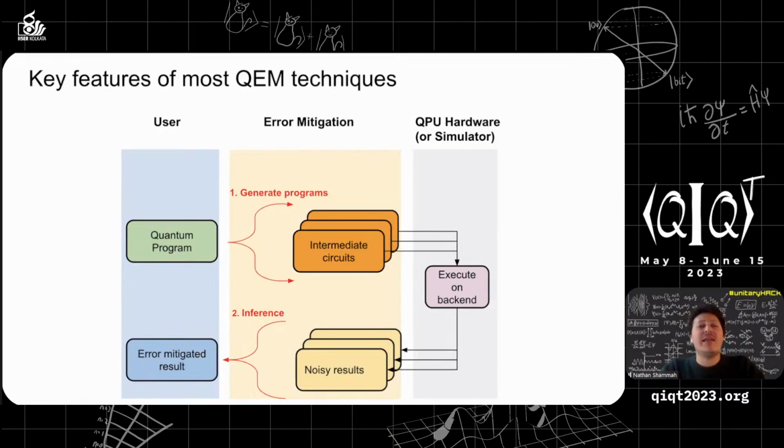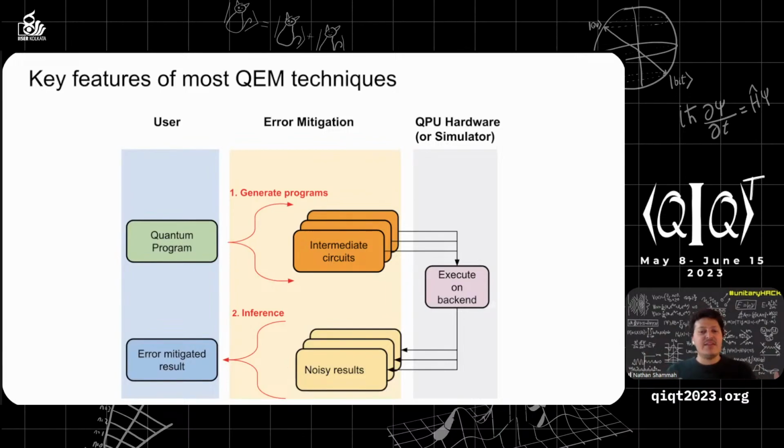The general idea of error mitigation, which we could also call approximate quantum error correction, is that instead of just generating a single quantum circuit, there is sampling that is made on the back end in terms of intermediate circuits that help discover this noisy landscape that characterizes the quantum processing unit.